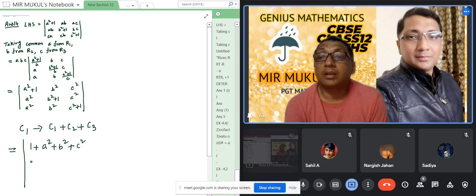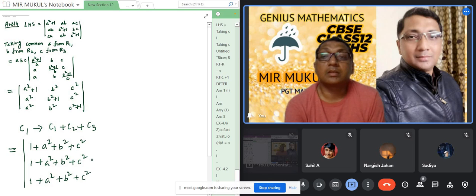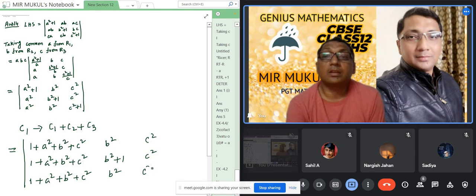Then 1 plus, here also 1 plus a square plus b square plus c square. Here also 1 plus a square plus b square plus c square. Here b square. Now b square plus 1. Here b square. Here c square. This is c square. This is c square plus 1.